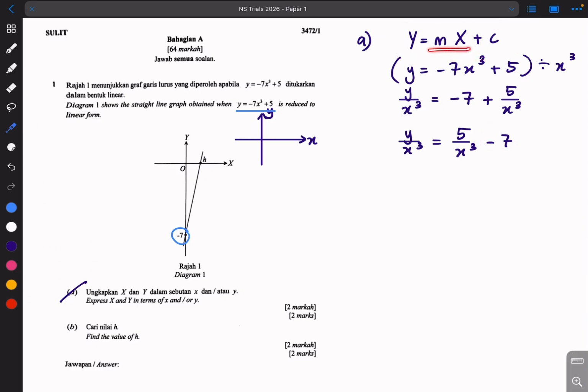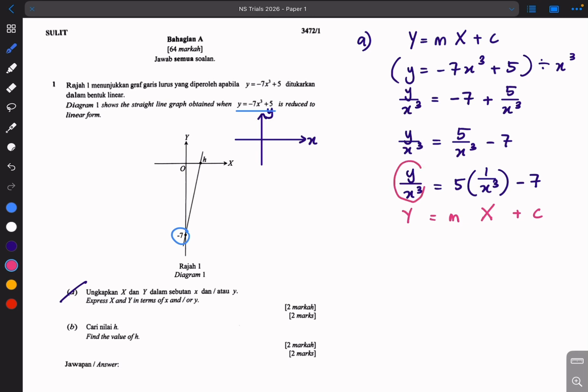Now mx. So this is y. Mx is together here. So if you want to clearly see the m and x, we have to split this further. So y over x cube is 5 times 1 over x cube minus 7. So this is our y-axis, this is m, this is x, and this is c.